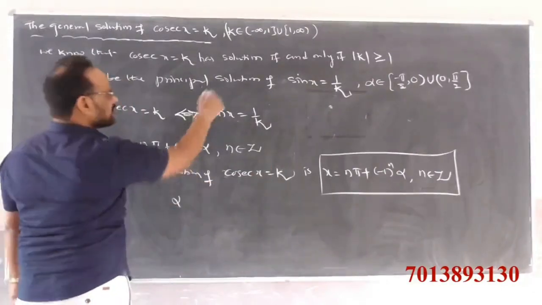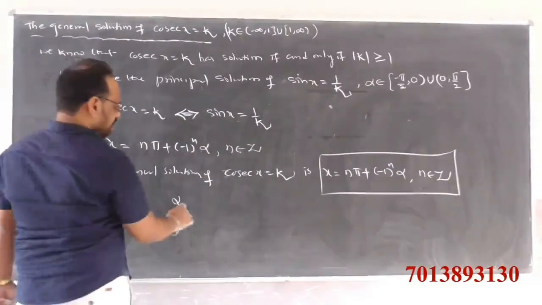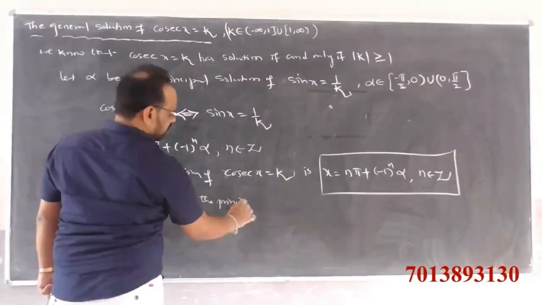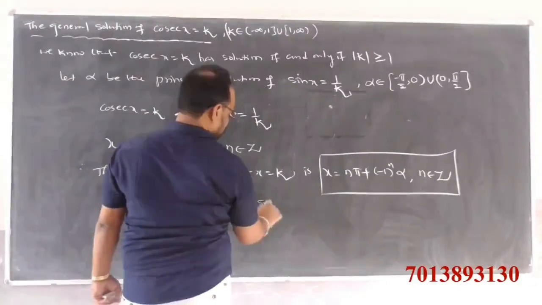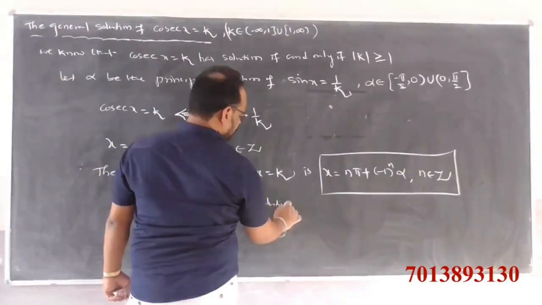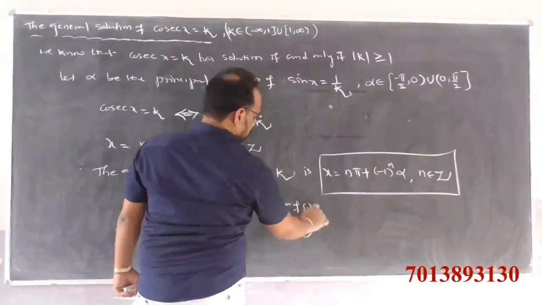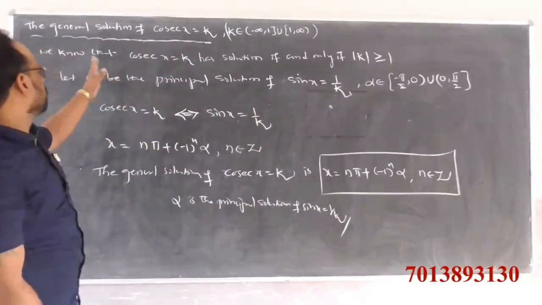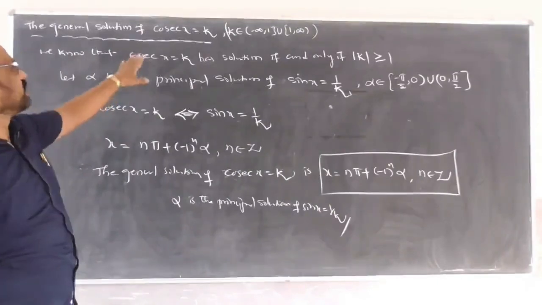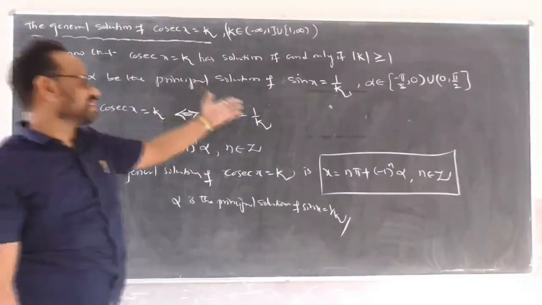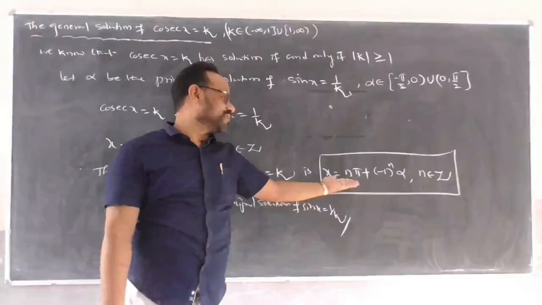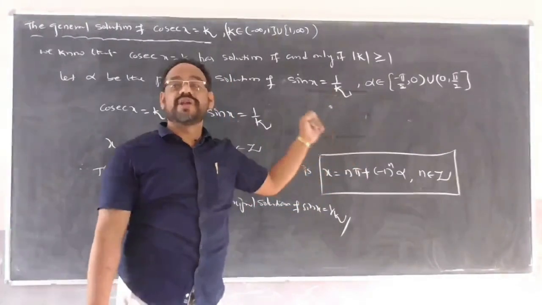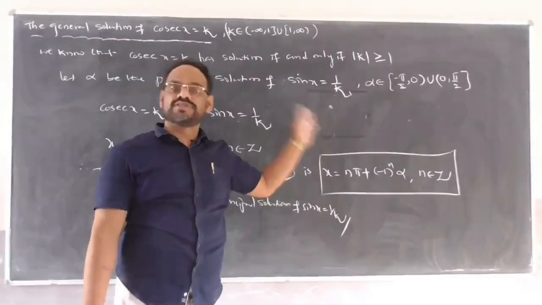Alpha is the principal solution of sin x equals 1 by k. So the general solution of cosecant x equals k is x equals n pi plus minus 1 whole power n into alpha, where n belongs to Z.